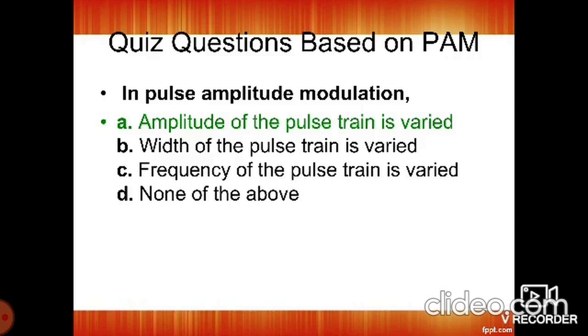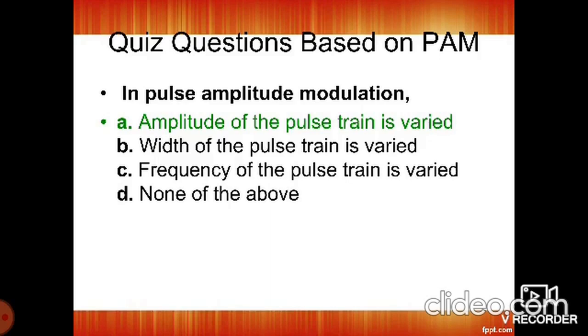Talking about the advantage of PAM, it can be easily generated and detected, and compared with PCM, DM, and ADM, it is less complex. The disadvantage of the PAM circuit is that it has a very large maximum frequency component, and PAM pulses vary according to the modulating signal.